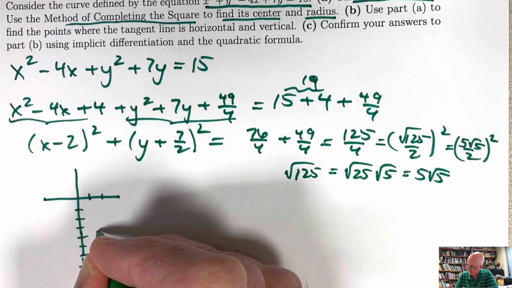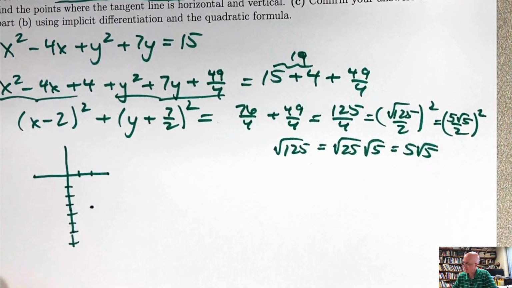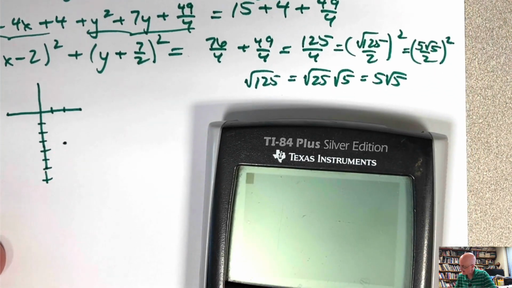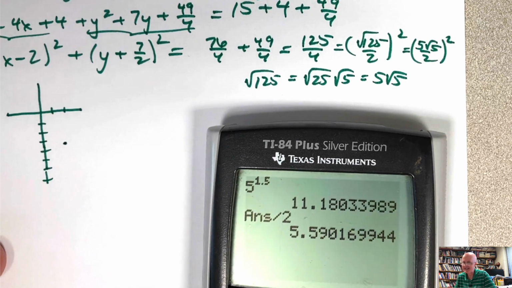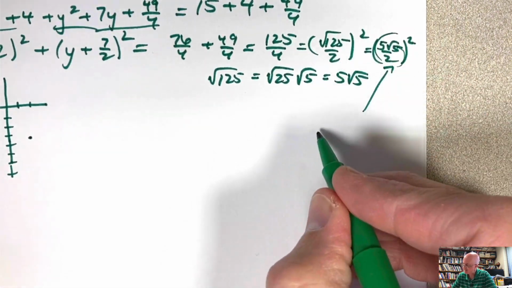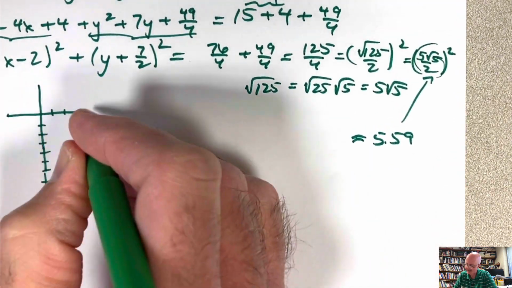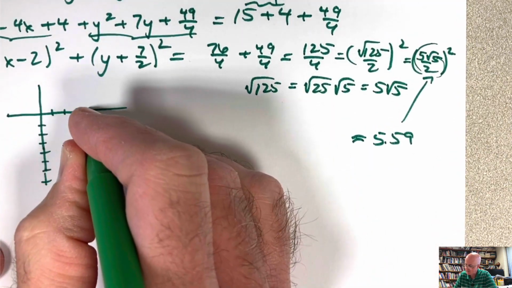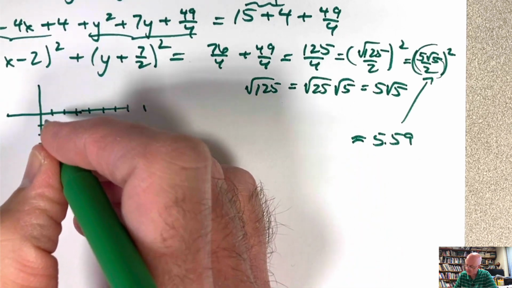So that'd be right about here is the center of the circle. What is 5 root 5 over 2? What is the radius? 5 to the 1.5 power divided by 2. The radius is about 5.59. If I'm going to try to draw this semi-accurately here, 4, 5, 6, okay, I'm going to run out of room here.